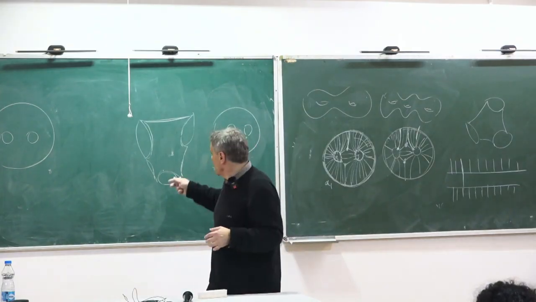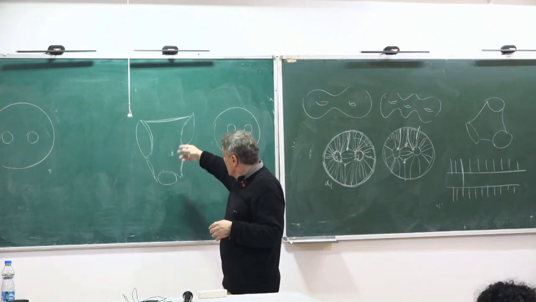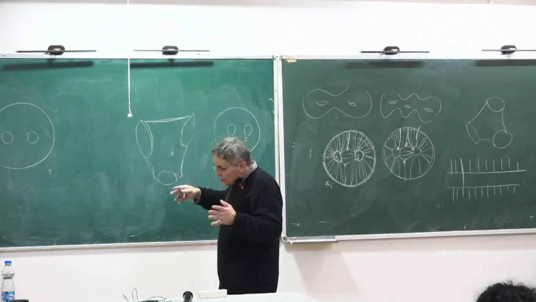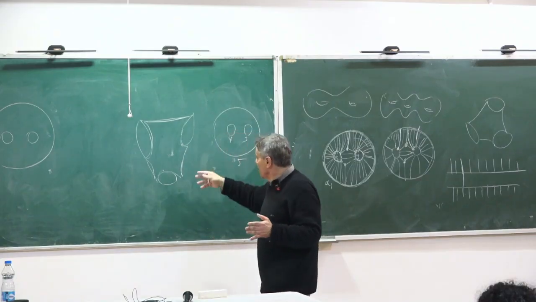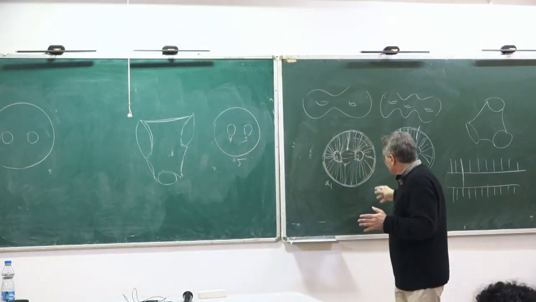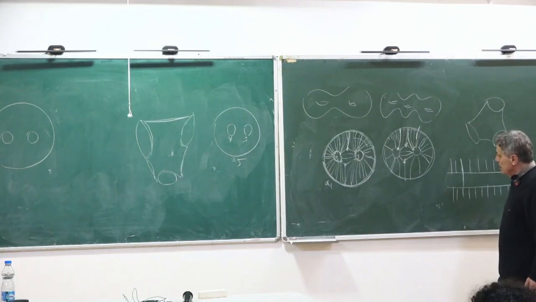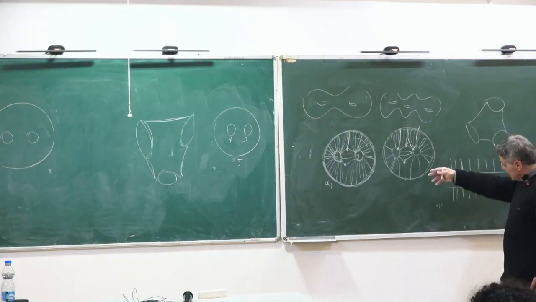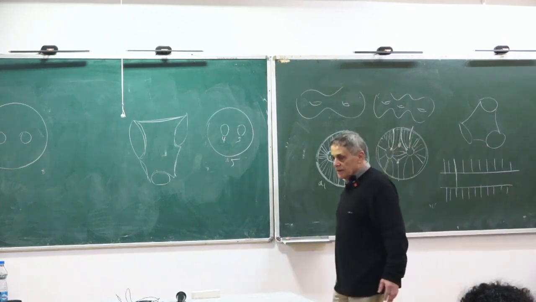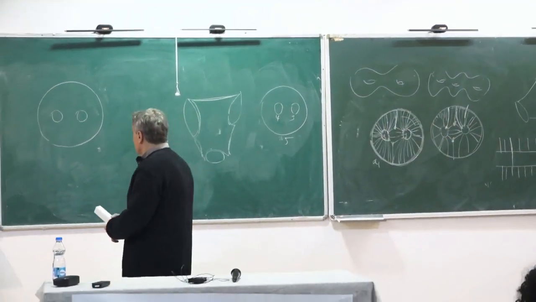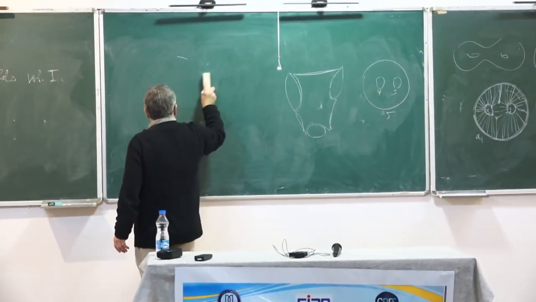There's a classification of hyperbolic structures on surfaces using a decomposition into pairs of pants. There's a classification of measured foliations on surfaces using decomposition of the surface into pairs of pants. And there's this theorem of Thurston, which I will explain.